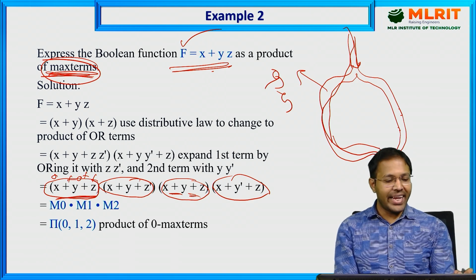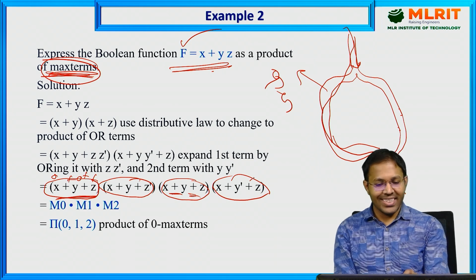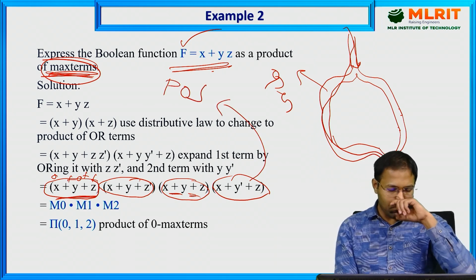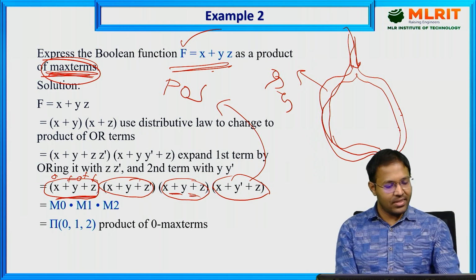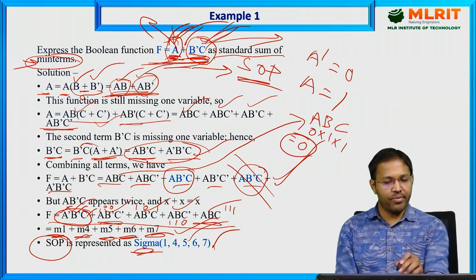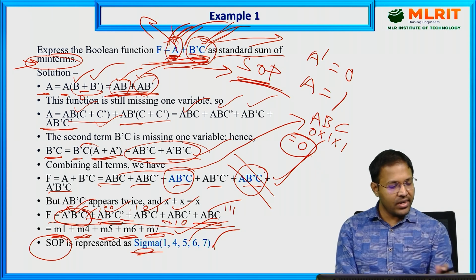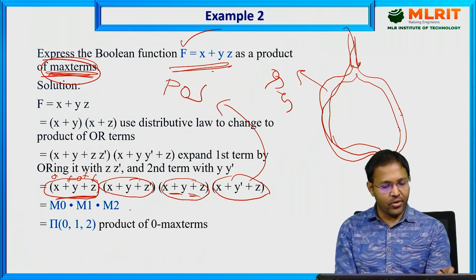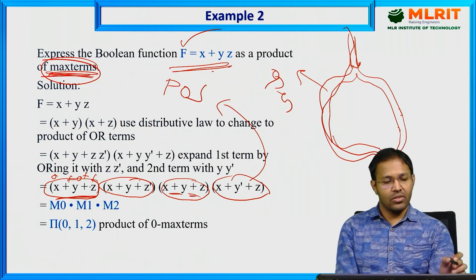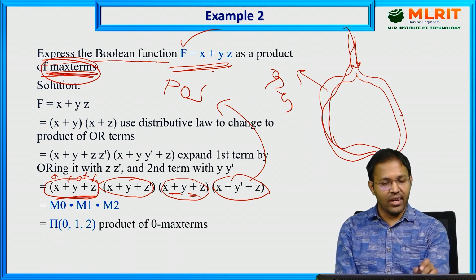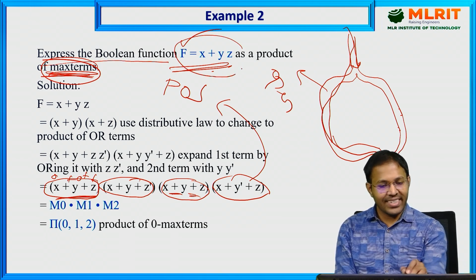The other name for this is product of sum. In the previous slide we had sum of products, sum of product terms. Now this is product of sum terms. So the question says express the Boolean function. This is standard form.